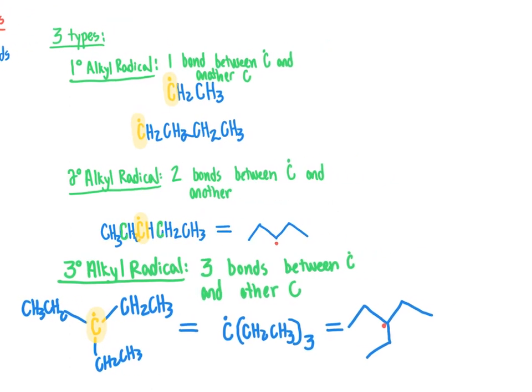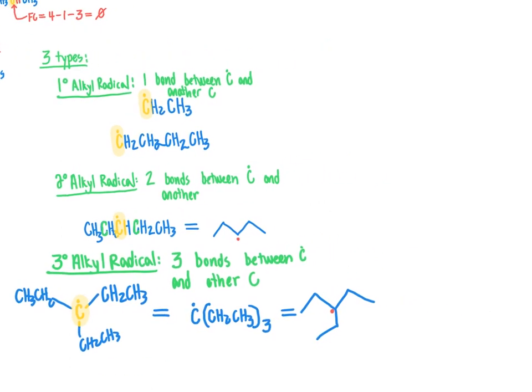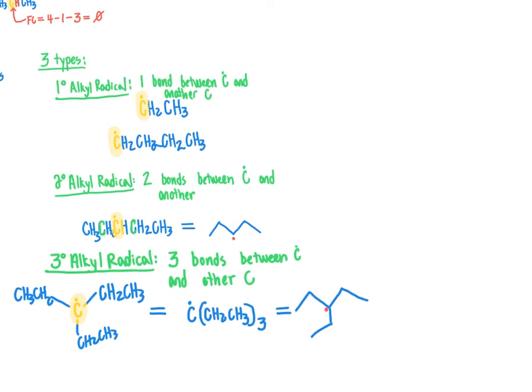One thing that we need to keep in mind and think about here as we talk about these 3 types of radicals, primary, secondary, and tertiary, is the relative stabilities of these. Because the more stable a radical, the more favorable it will be as an intermediate in a reaction. So generally when we do chemical reactions, one of the things we're going to think about is what intermediates lead us from the starting material that we begin the reaction with to the final product that we're interested in.